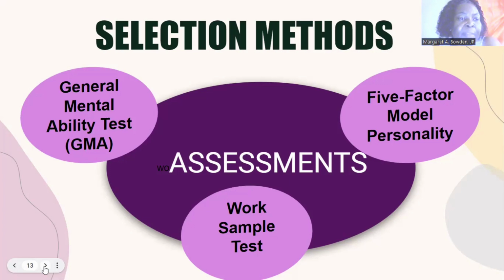You might be given a GMA, a general mental ability test. That is usually to test IQ. We may be given the 5-factor model personality test, which speaks to more EQ. Remember, we are living in this digital age, and emotional intelligence is equally as important as IQ, right?